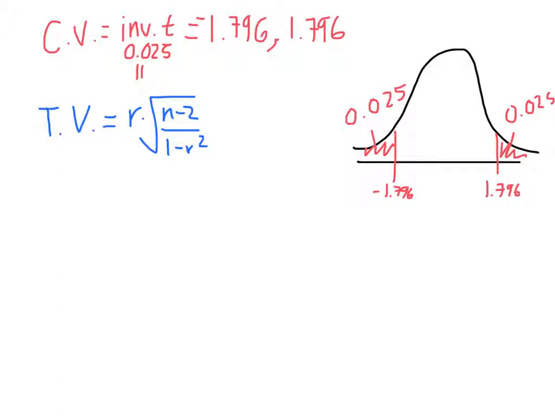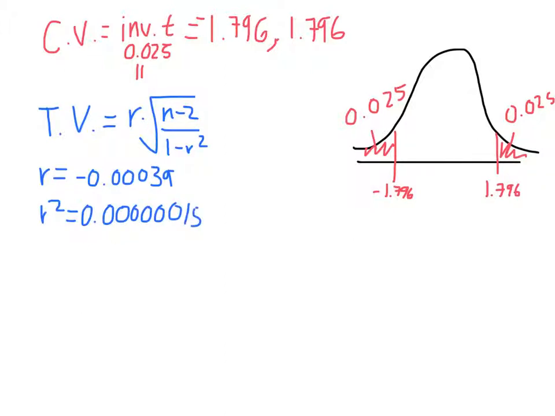My calculator says that r is negative 0.00039 and r squared is 0.0000015, and now we can plug in what we know into the equation for our test value.